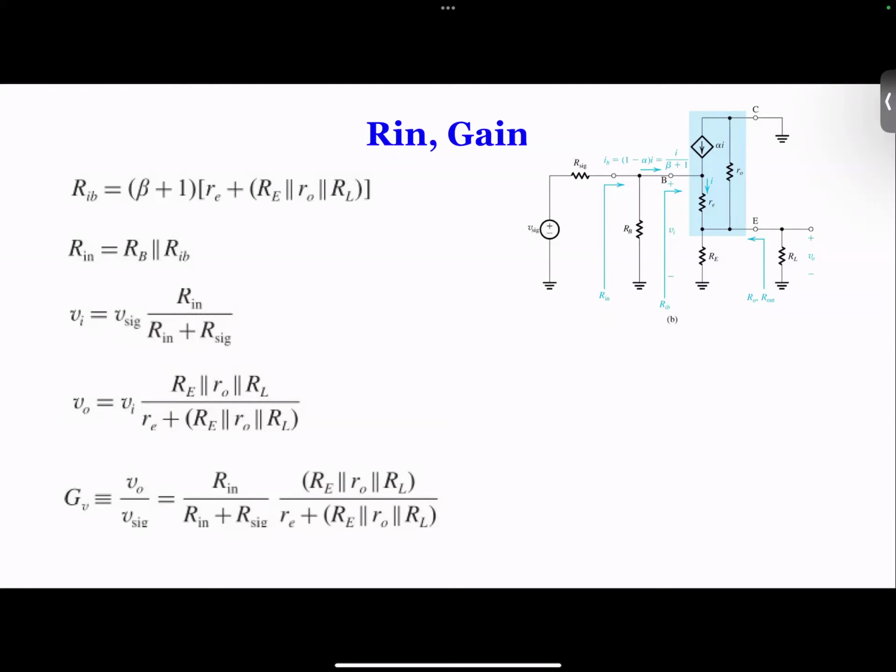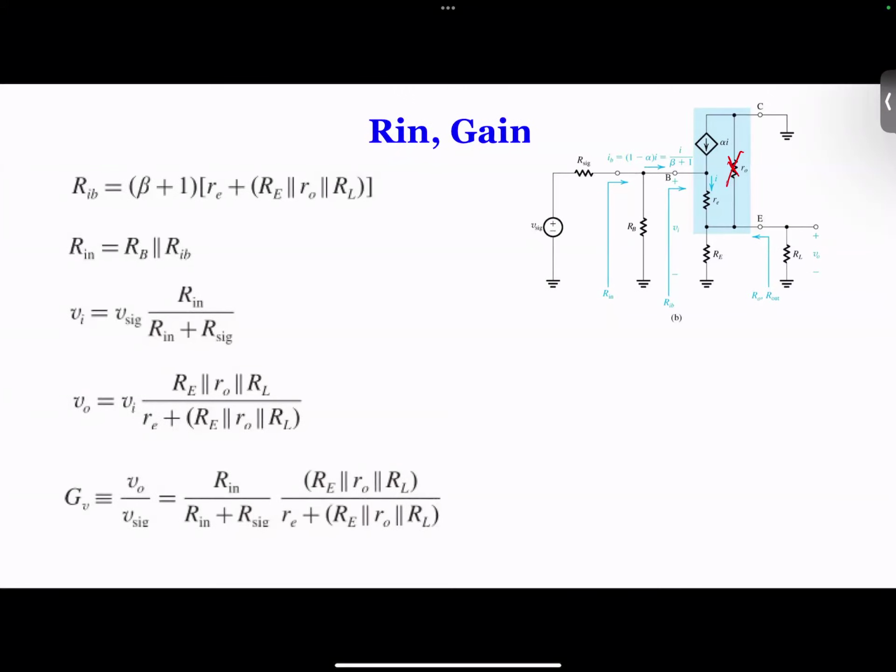But the circuit over here is really simple, because if you look at it, RO is connected from here to ground. That's important, right? Ideally, you can simply remove this one and connect to ground, because the collector is ground. Moving that to ground doesn't change anything.